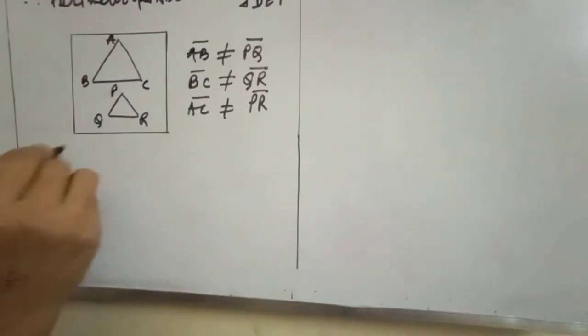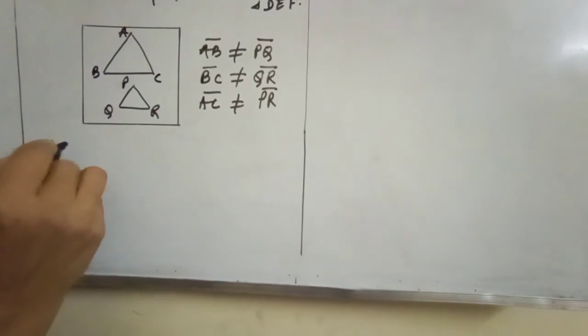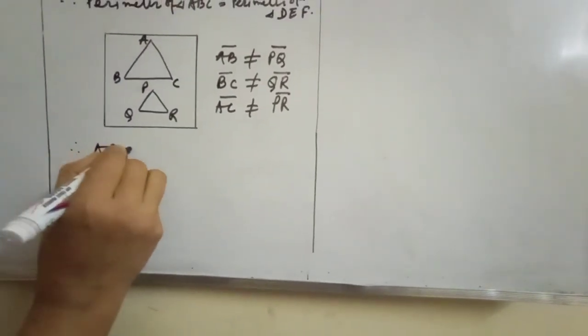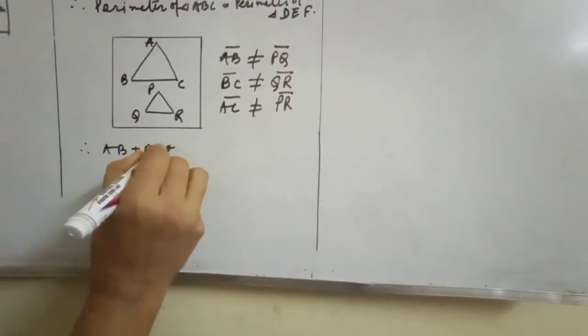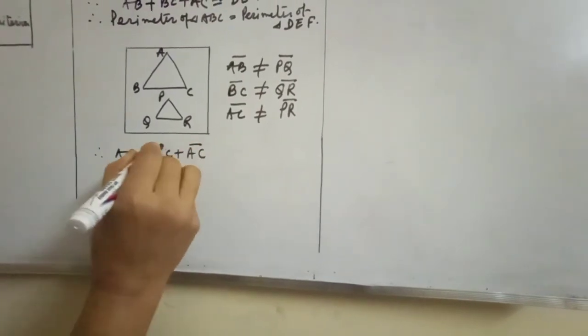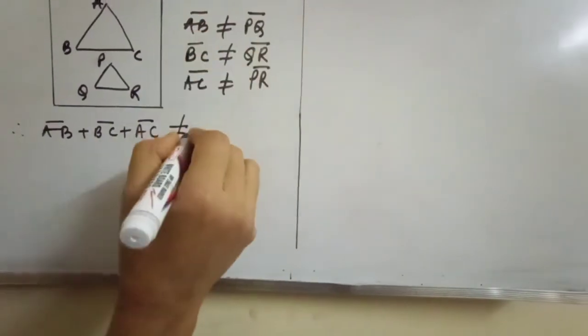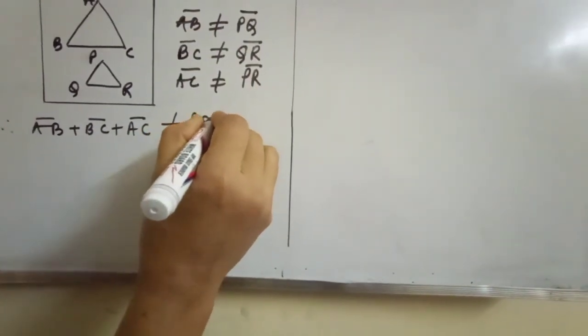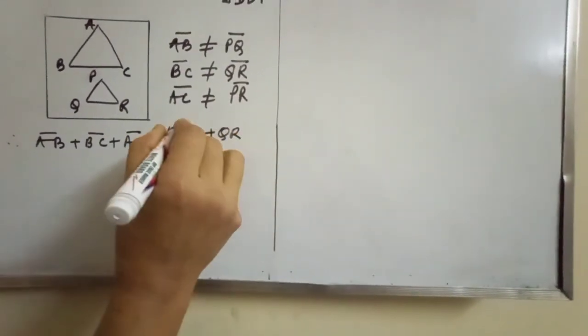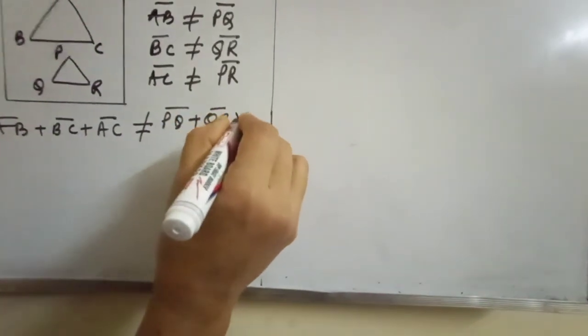Therefore, if I add these three on the left side, AB plus BC plus AC will not be equal to PQ plus QR plus PR.